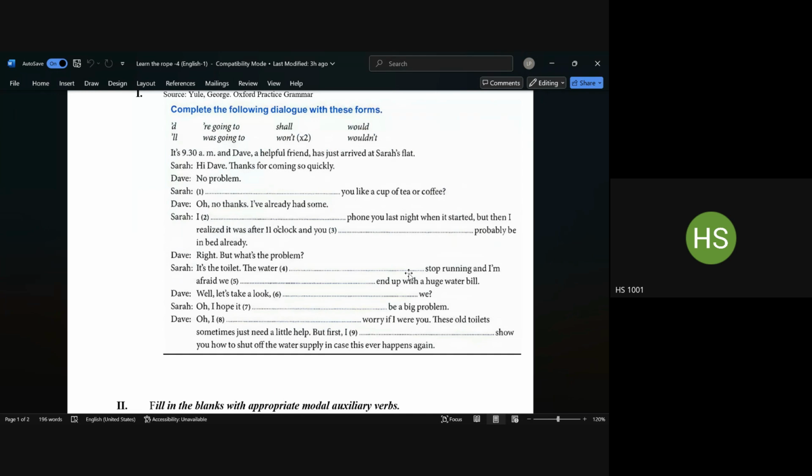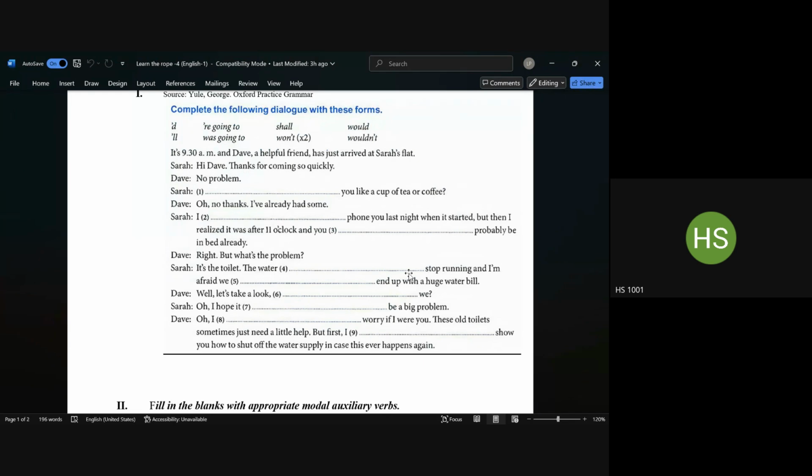Since it's apostrophe RE, it could be either are or were. Given that this is in a past context, we use were going to, although in the contracted form it doesn't make much of a difference, but we should know we are using were and not are. Sorry, this is "I am afraid," so this has to be are going to.